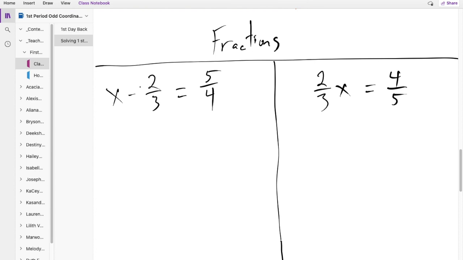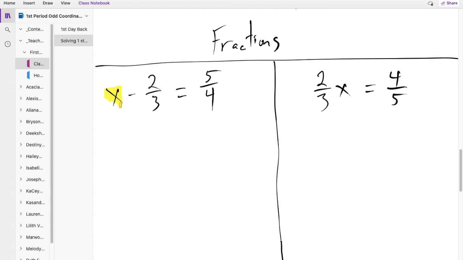So this first example, we have x minus 2/3 equals 5/4. Again, just like any other problem, the first thing is I'm trying to isolate this x. So I want to try to get x all by itself. This problem is going to be a little bit tougher than what number minus 2/3 equals 5/4.